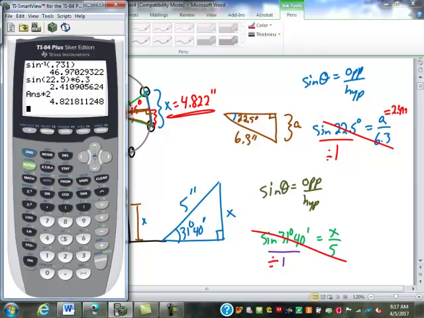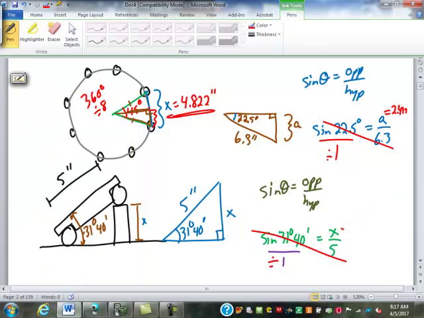So we've got 5 times the sine of 31 degrees 40 minutes, and of course divided by 1. So we get that x is 2.6249 inches.